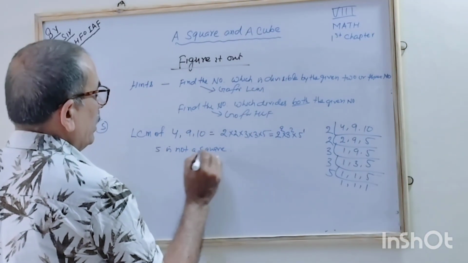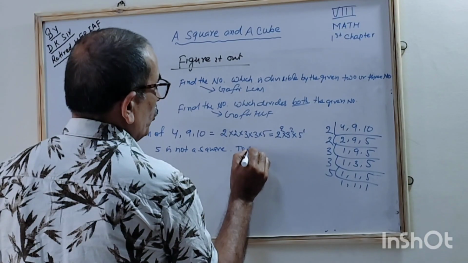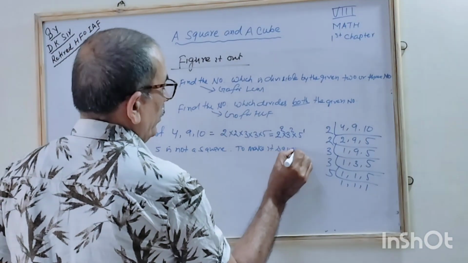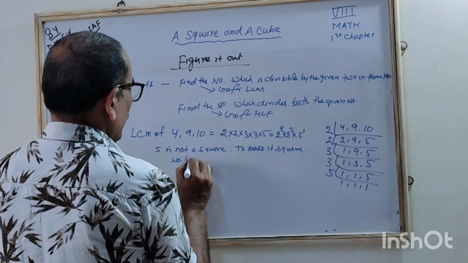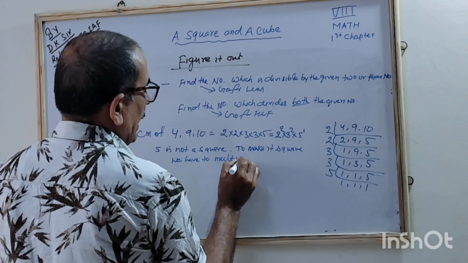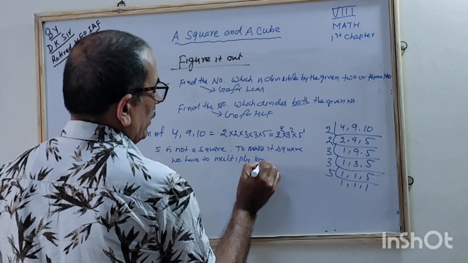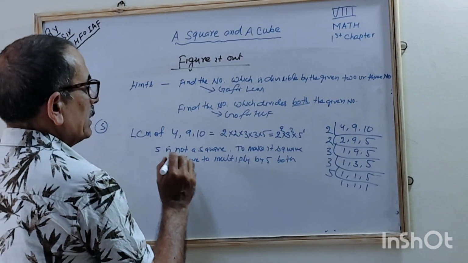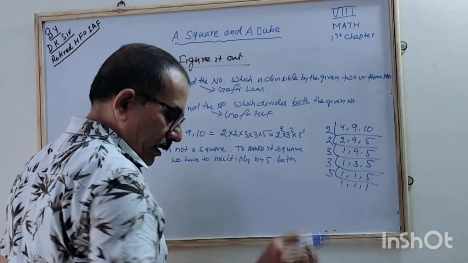So to make it a square, we have to multiply both sides by 5.